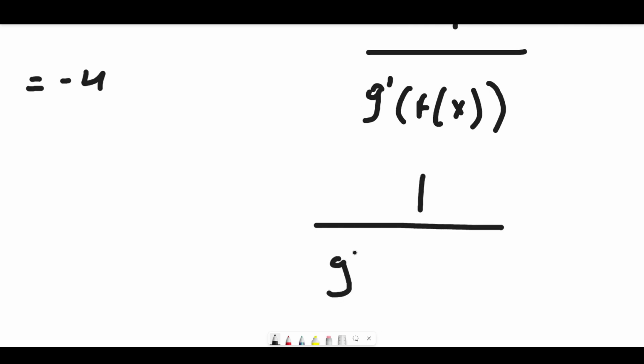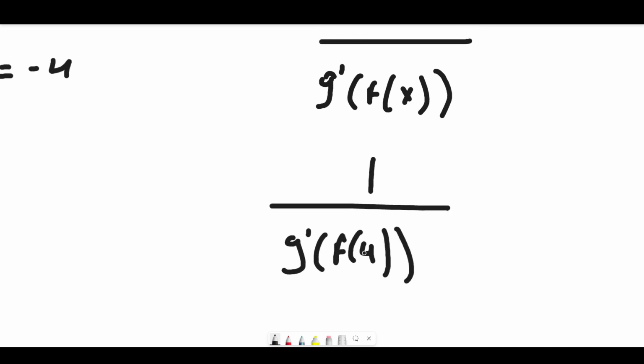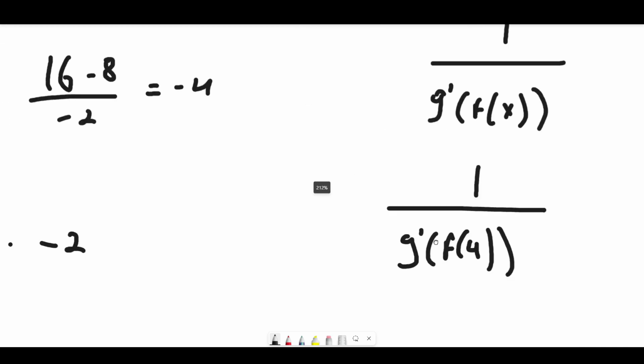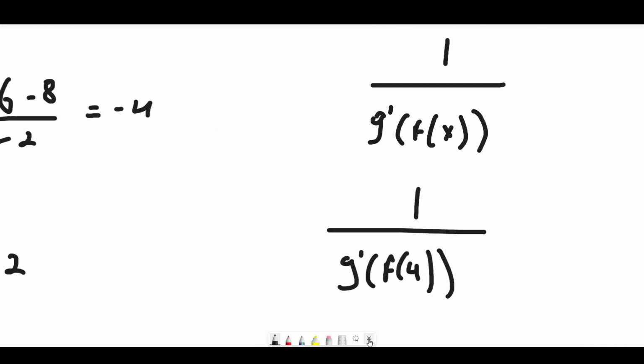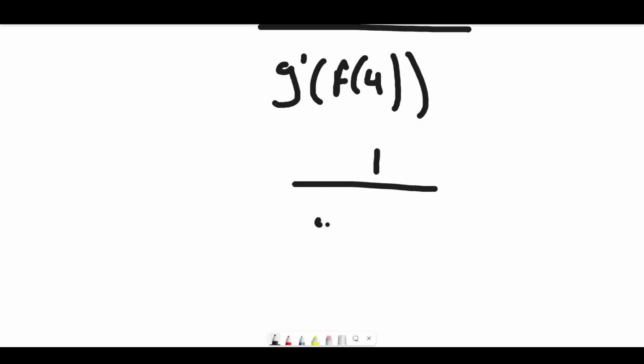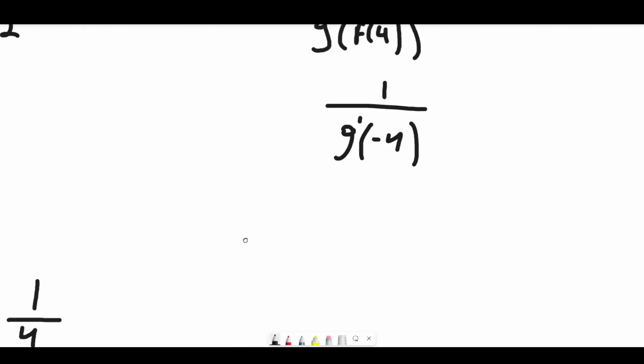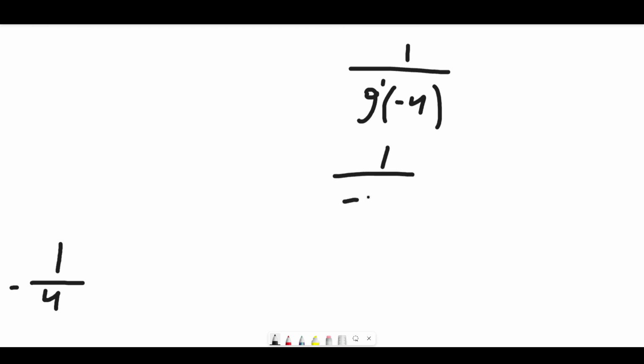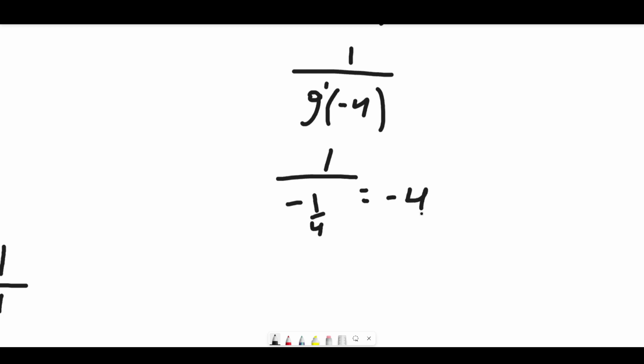We did 1 over g prime of f of 4, which is just negative 4, excuse me. And g prime of negative 4 is negative 1 over 4. So 1 over negative 1 over 4 is simply just negative 4 as our answer.